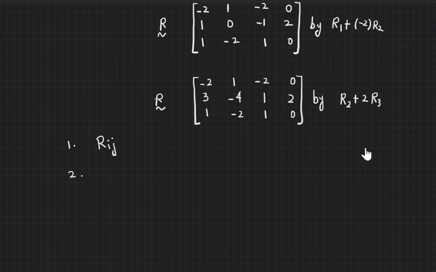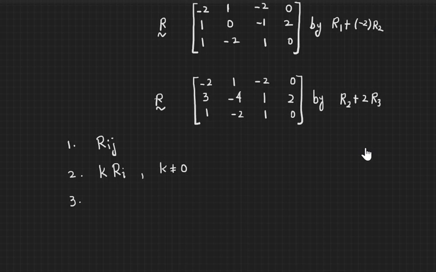The second one is scaling. We can multiply any non-zero scalar, say k, with any row Ri, the ith row, where k should be non-zero. And the third one is replacement.